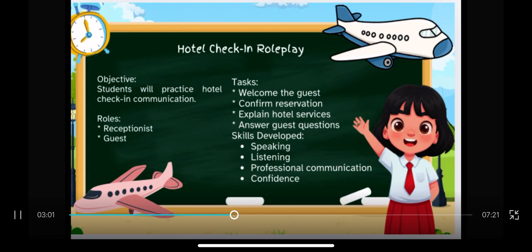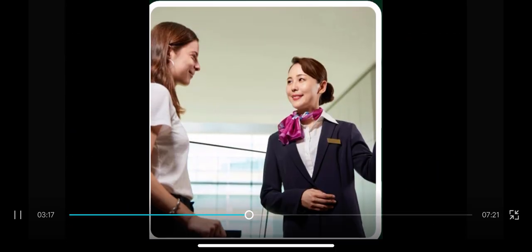One example of a TBLT activity is a hotel check-in role-play. In this activity, students work in pairs. One student acts as the hotel receptionist, while the other acts as the guest. The receptionist must welcome the guest, confirm the reservation, explain hotel services, and answer questions politely.